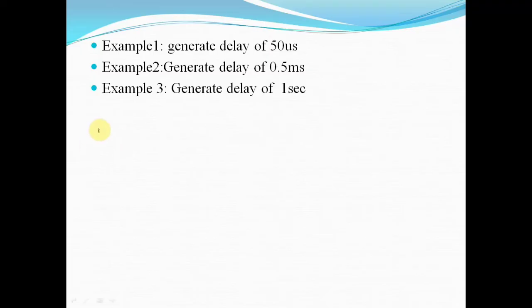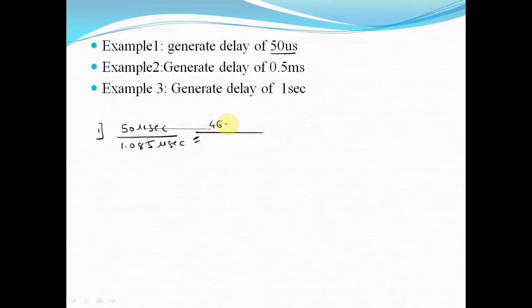The first step to decide the delay size is to divide the given value, that is 50 microseconds, by the time period of one machine cycle, so that you first get the number of machine cycles. So 50 microseconds divided by 1.085 comes out to be 46.08.